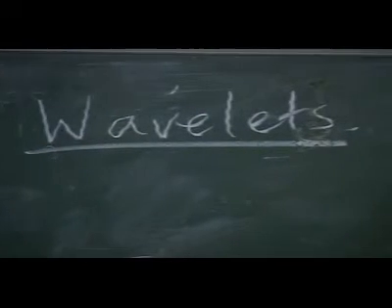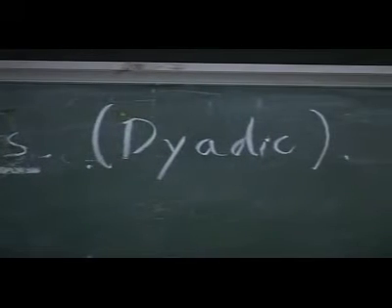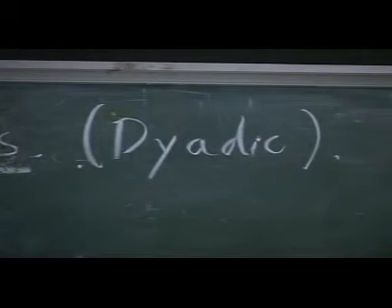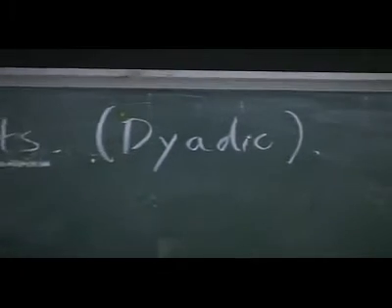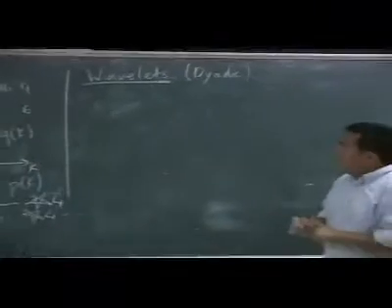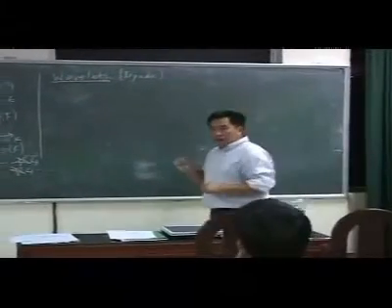We will only talk about dyadic wavelet. Dyadic is based on 2. Okay, di is 2, right? So dyadic wavelet is when you have downsampling by 2, and so on. Wavelet is basically a cascade of filter bank.